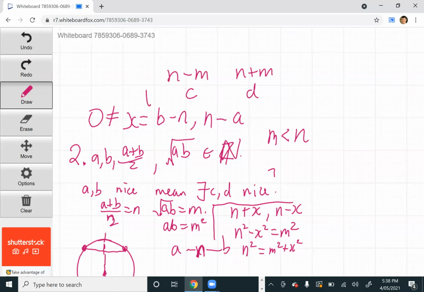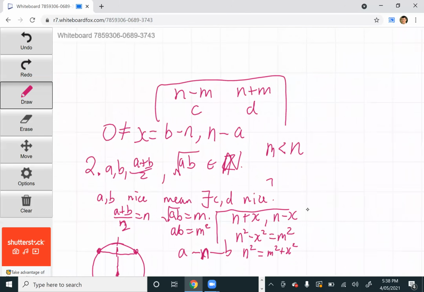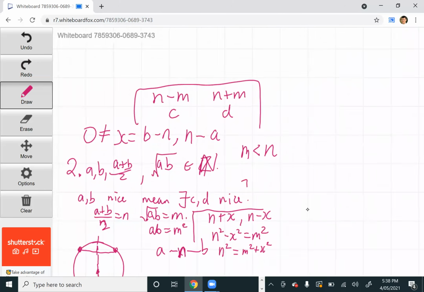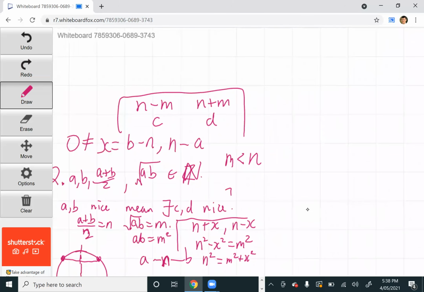Okay, so we have an idea from Crystal that says let C and D be n minus m and n plus m, yeah? Alright, so obviously they have the same mean, yeah? Yes. And obviously they're different. Yes? And then what's the geometric mean?